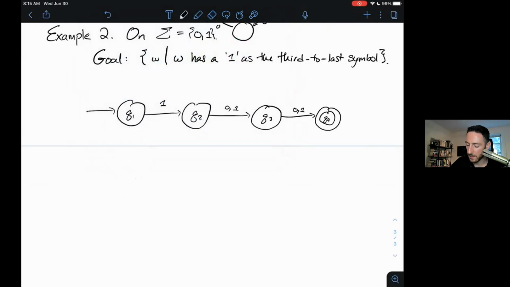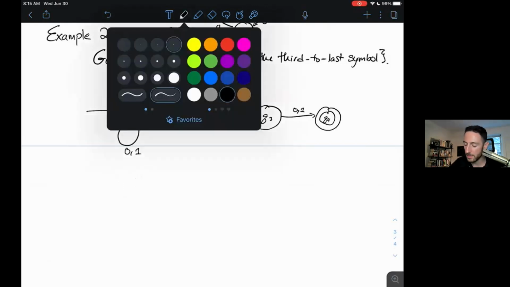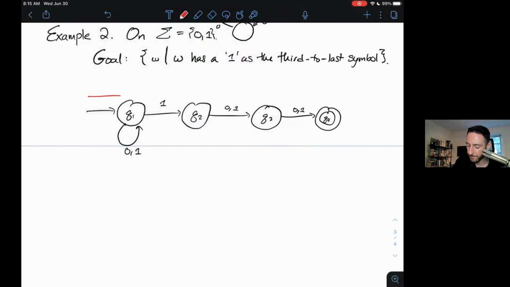How we can fix that is by adding a couple more edges that make this non-deterministic. In particular, the reason this is an NFA is because I've duplicated the 1 edge. So now what's going to happen? I put a string in, and there's always going to be one branch that sticks around in the first state indefinitely.